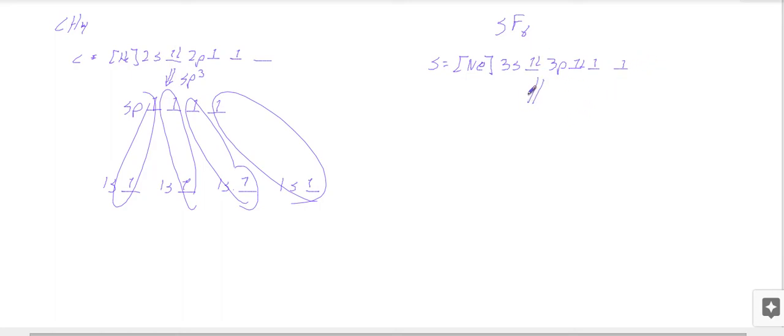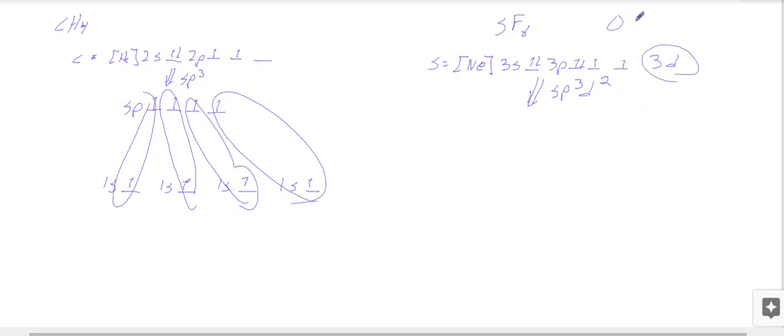This hybridizes into sp3d2 hybridization. And the reason why sulfur can do hybridization into the d orbital is because the 3rd energy level is the first time that we see a 3d.